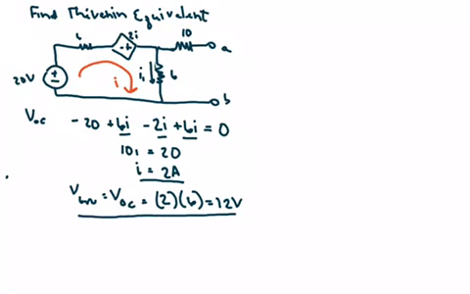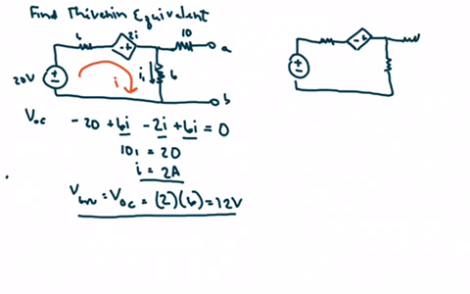Okay, so now we want to solve for ISC. So we'll redraw the circuit here. And this time, instead of having an open circuit, we will short between those terminals. And our circuit will look like this.